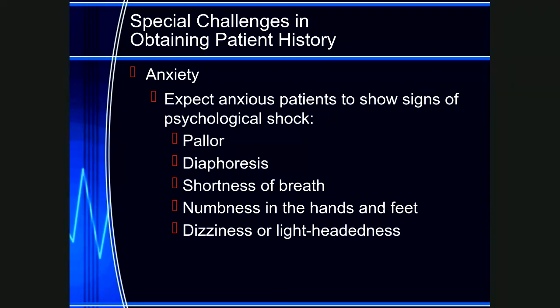Hyperventilation syndrome. They're breathing so fast, they're breathing 40, 50, 60 times a minute, that all of a sudden their hands and feet start cramping up. And this is known as carpopedal spasms. Carpopedal is spelled C-A-R-P-O-P-E-D-A-L.